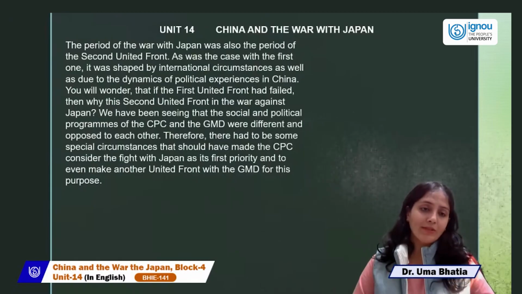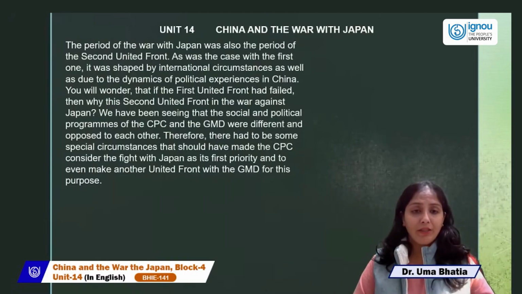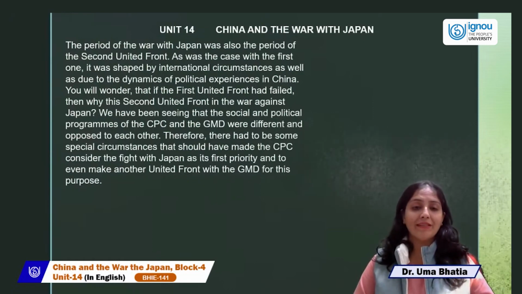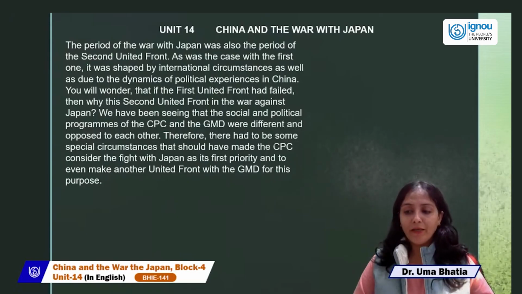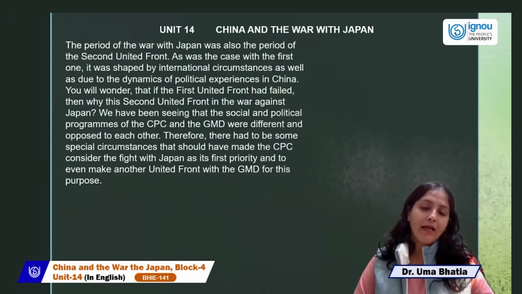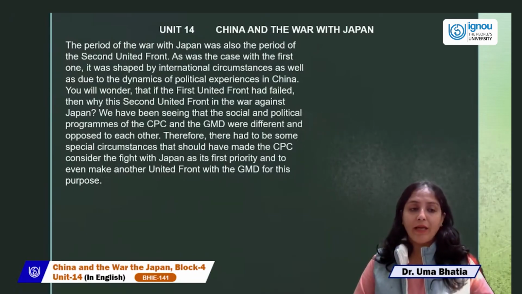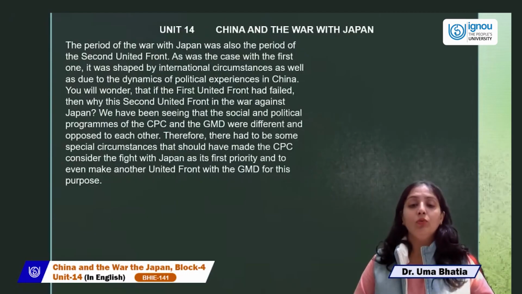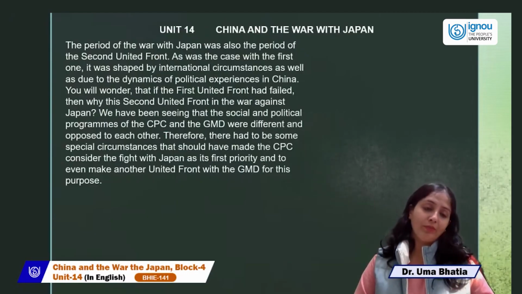Therefore, there had to be some special circumstances that made the CPC consider the fight with Japan as its first priority and even make another united front with the Kuomintang, the GMD, for this purpose.